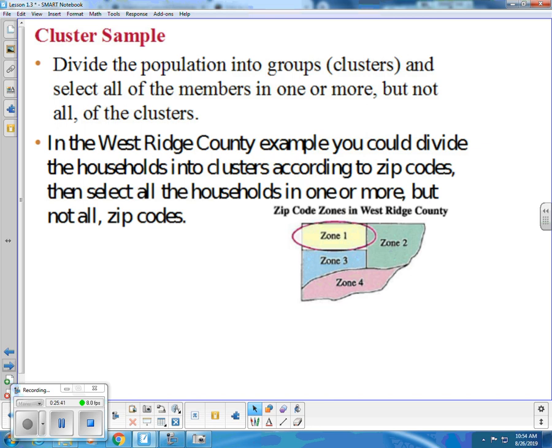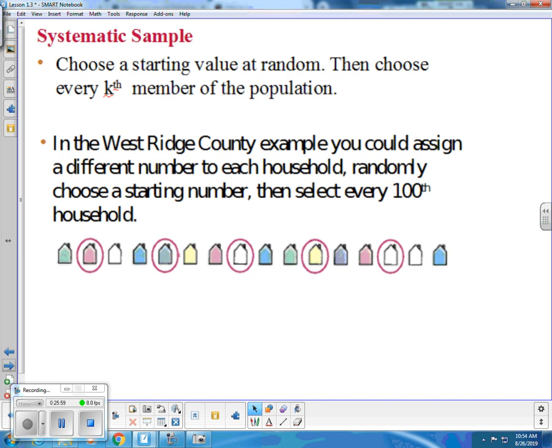And some of these sampling techniques are better than others, depending on your study. Then you have systematic sampling.